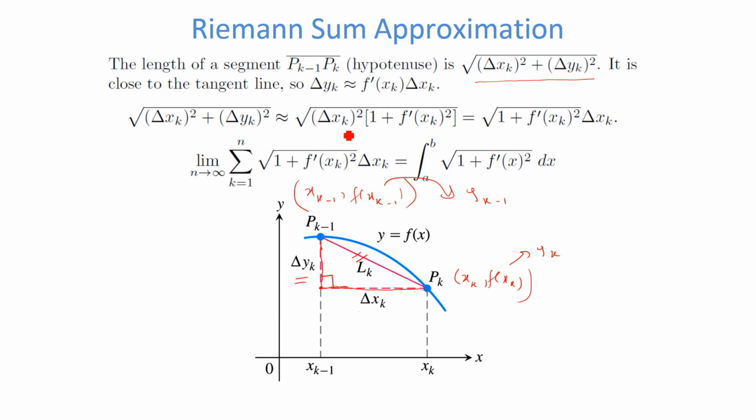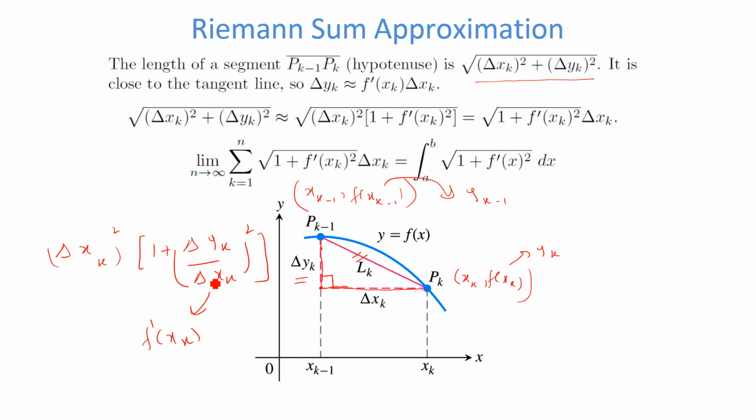So this is approximately equal to, we just take delta x_k squared common outside, square root of 1 plus (delta y_k by delta x_k) squared. So this is approximately equal to f prime x_k by the definition of derivative.